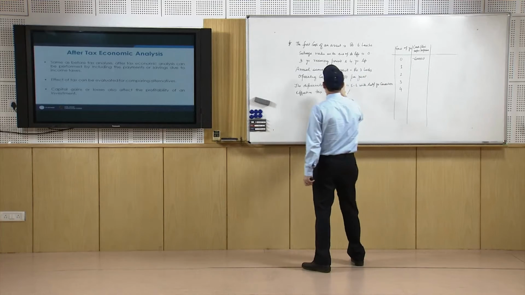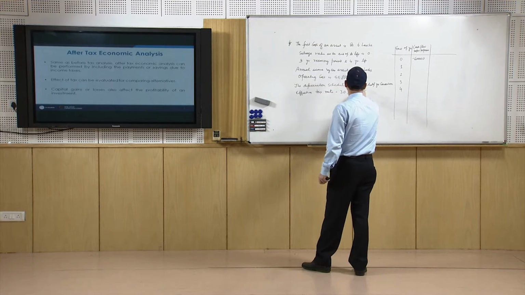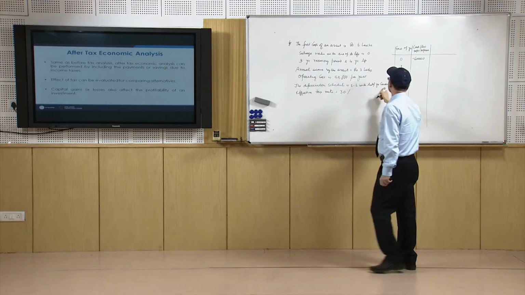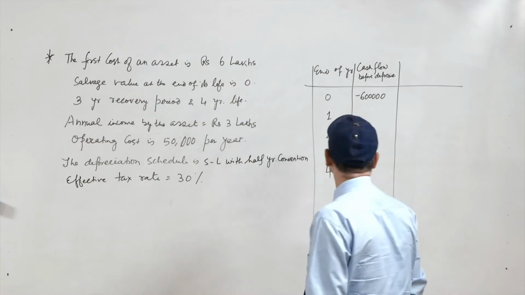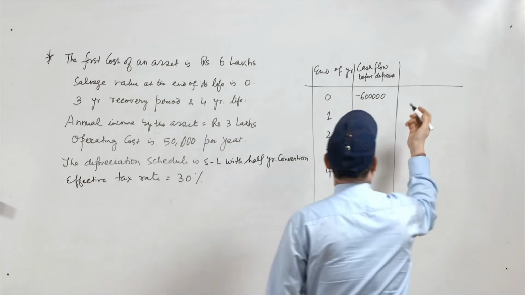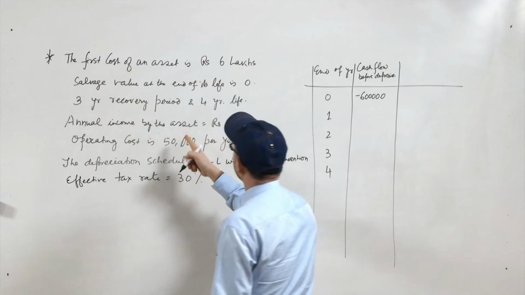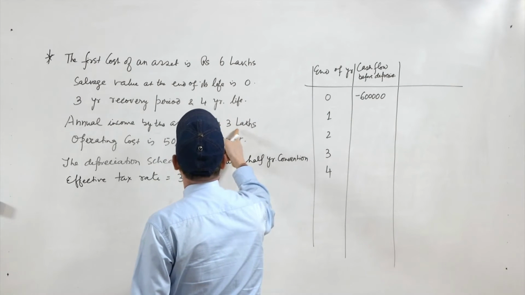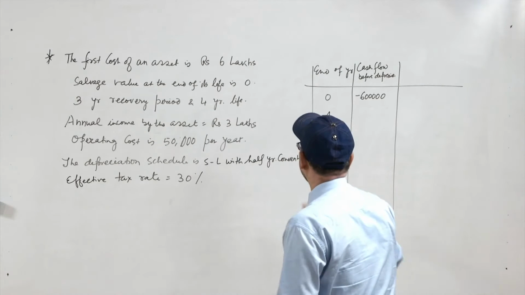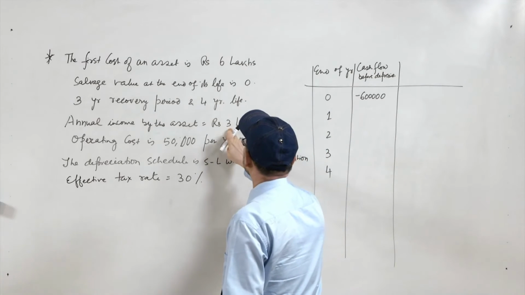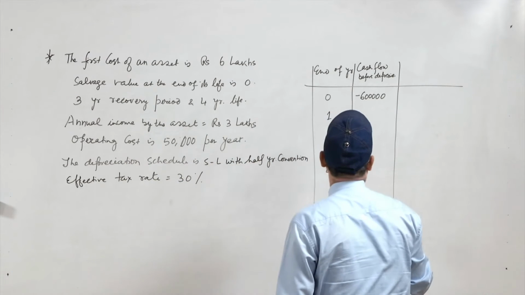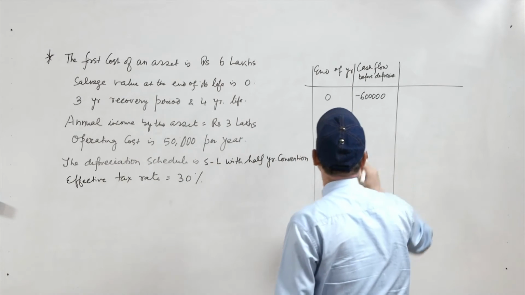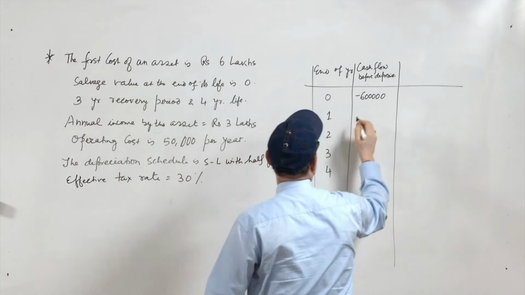The income from the asset is 3 lakh and operating cost is 50,000, so the income is 2,50,000.